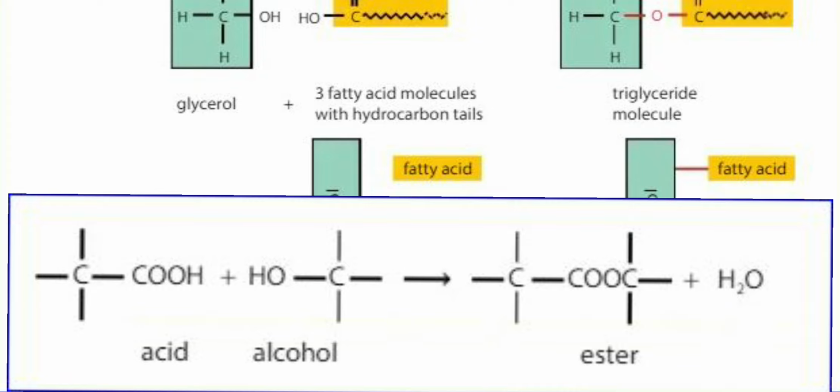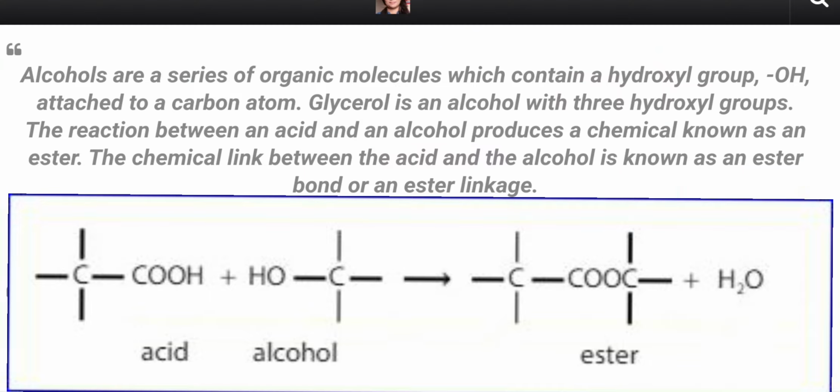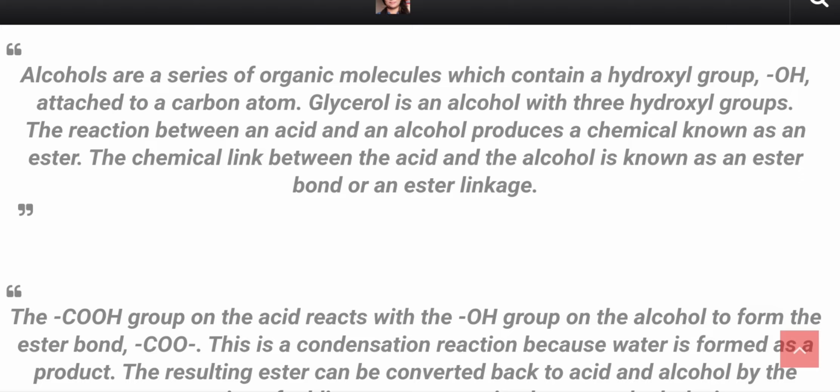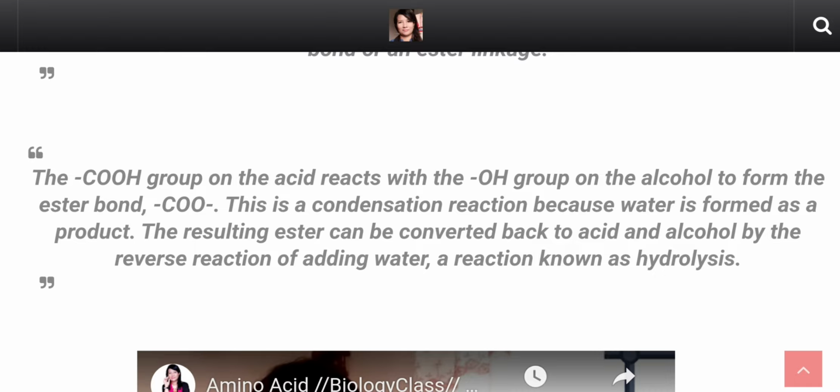This is a condensation reaction because water is formed as a product. The resulting ester can be converted back to acid and alcohol by the reverse reaction of adding water. This reaction is known as hydrolysis.